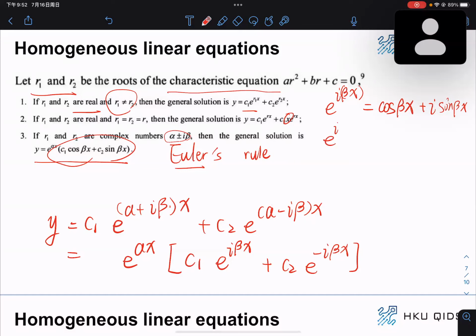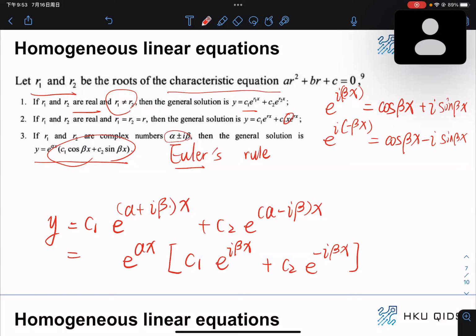And e to the negative i beta x is going to be cosine beta x as well, because the cosine of a negative element is the same as its positive element, and negative i sine beta x, right?